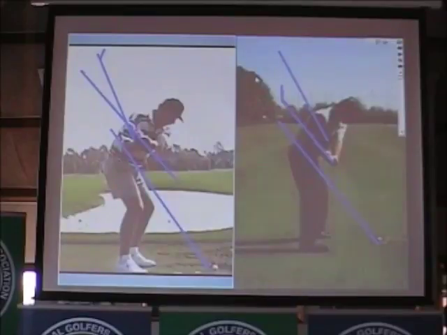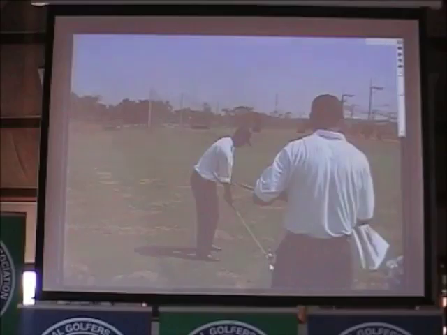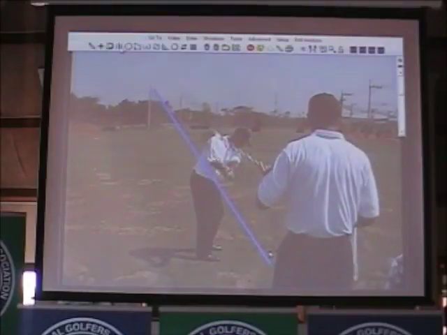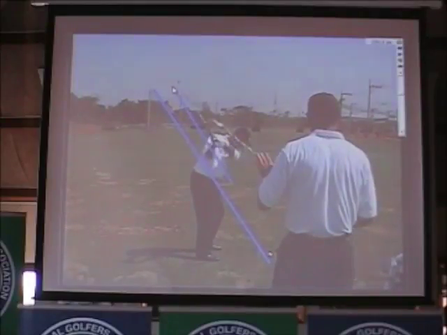The correct plane is parallel to the shaft that you started with at address. Tiger in 2000, when he was pretty much unbeatable. Here's the perfect plane. It doesn't really get much better than this.